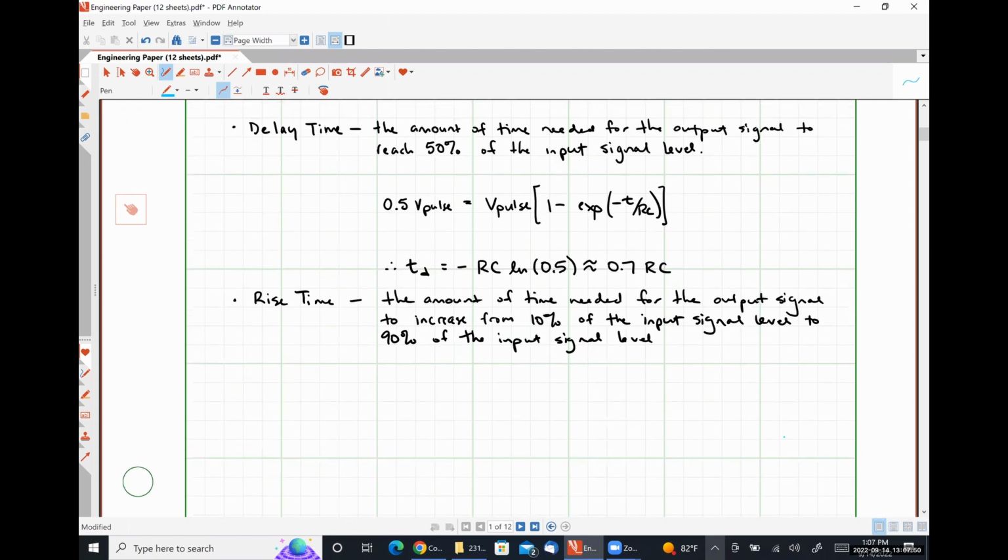All right, so mathematically, we could say, let me switch back to black here, 0.1 V pulse will be equal to V pulse times 1 minus exp of negative t over RC. And from this, t 10% is going to be negative RC times the natural log of 0.9.